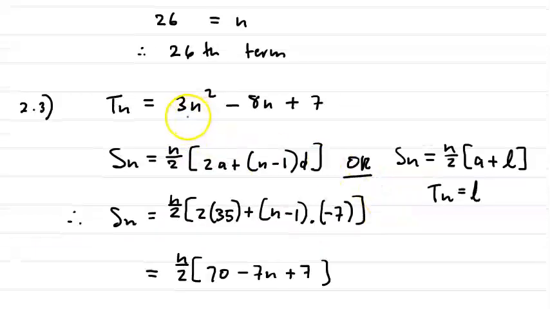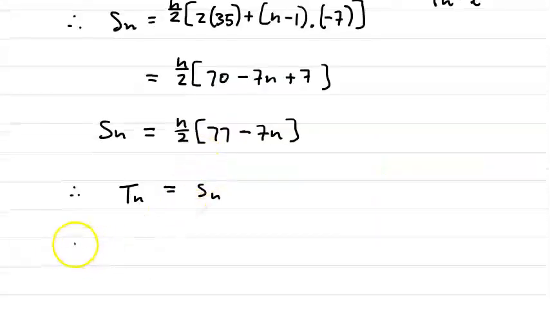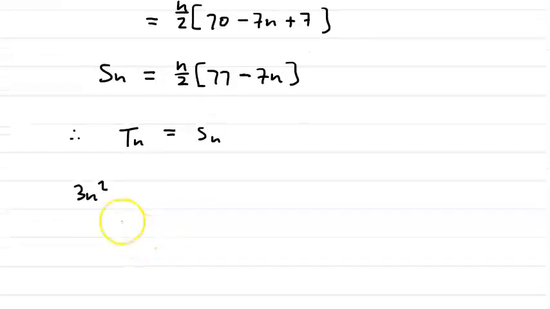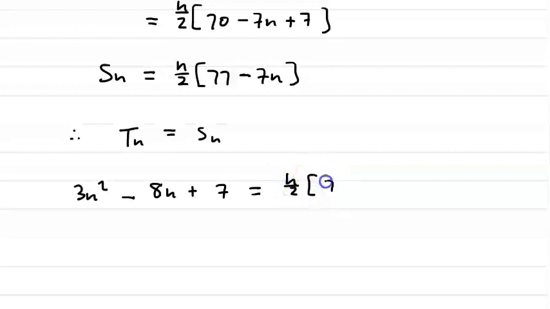So Tn is 3n squared minus 8n plus 7 equals n over 2 times 77 minus 7n. Now let's solve.